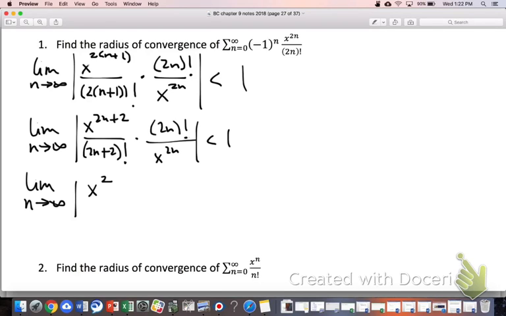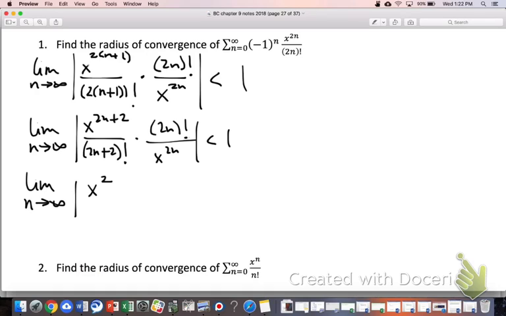That's kind of good. And then I look at my factorials. So see if you can picture this. I can write this out if you want. Wouldn't 2n plus 2 factorial essentially be 2n plus 2 times 2n plus 1 times 2n plus 0, or just 2n? Okay, so what I'm going to do is I'm going to think of, I'll write this in a different color just so we can kind of see it.